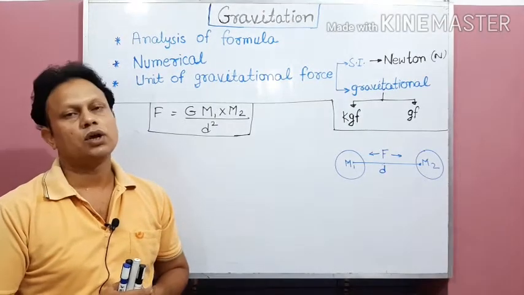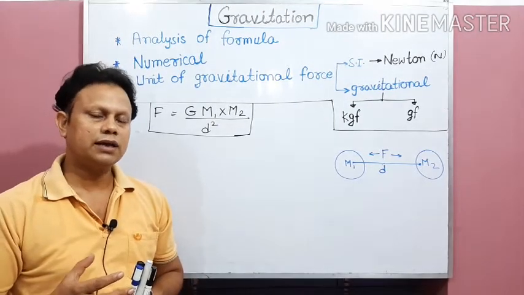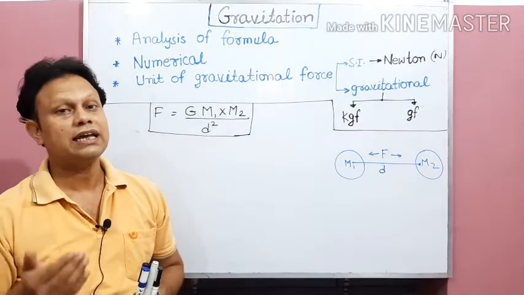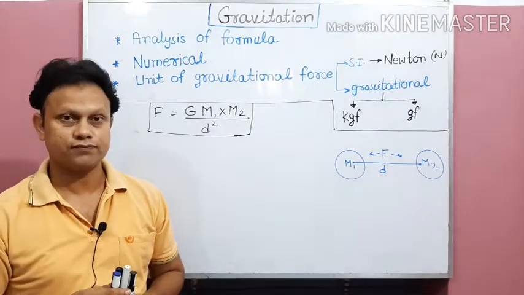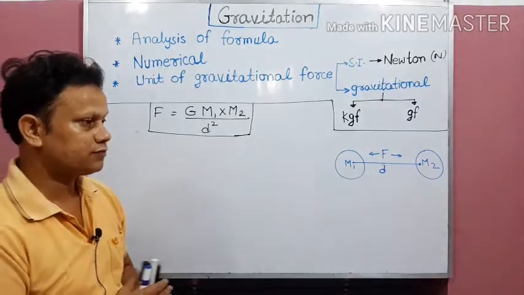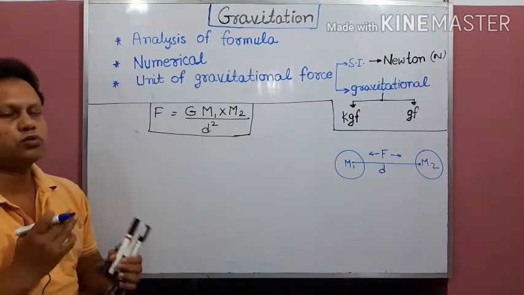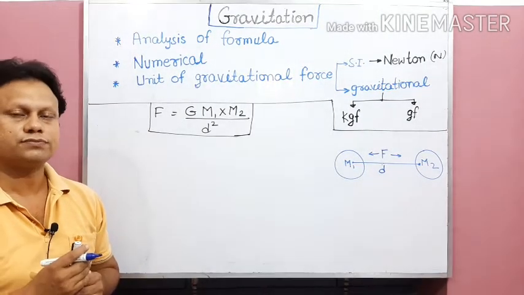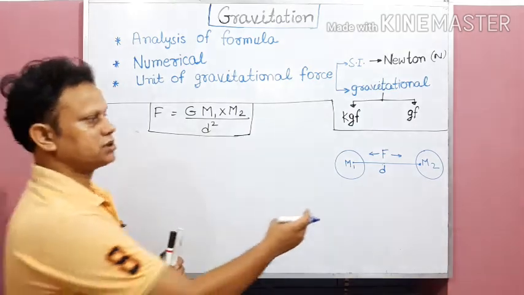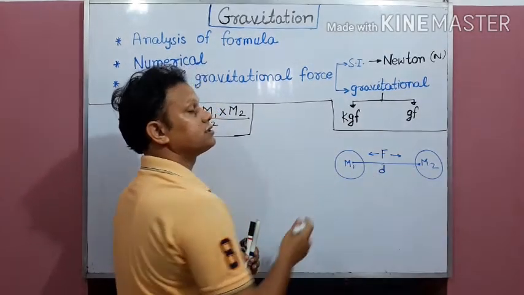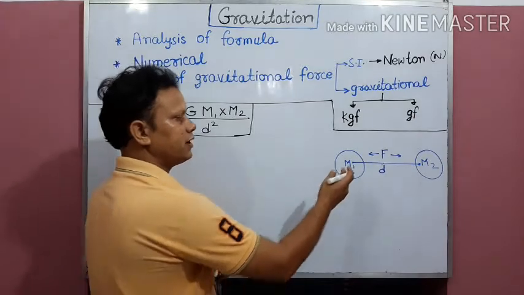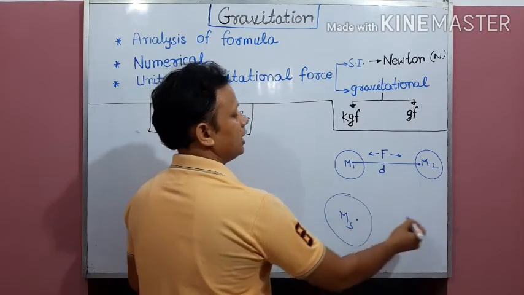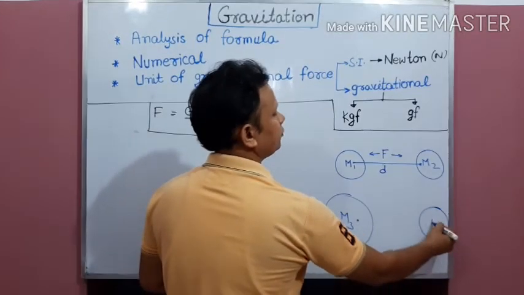Analysis means we are learning, in a smarter way, how to compare the value of gravitational force in different situations. Suppose in two different situations, only the masses of the objects have been changed, not the distance. Suppose two objects M1 and M2 are at a distance of d. Now in place of M1 and M2, suppose there are masses M3 and M4.